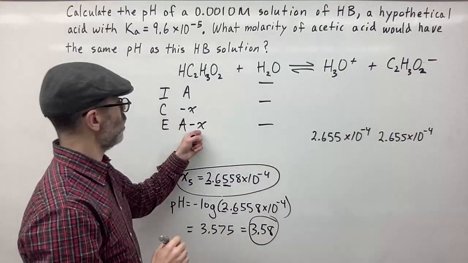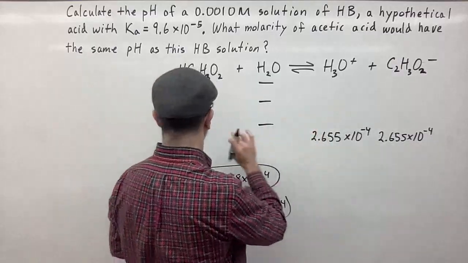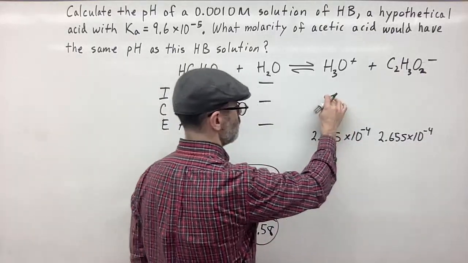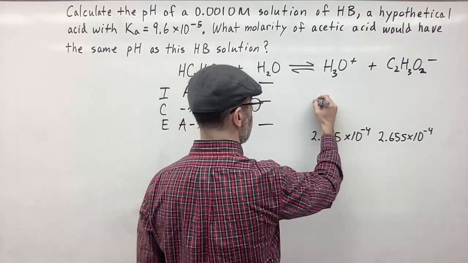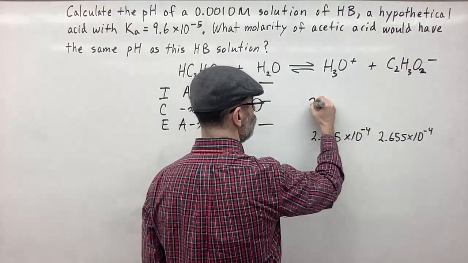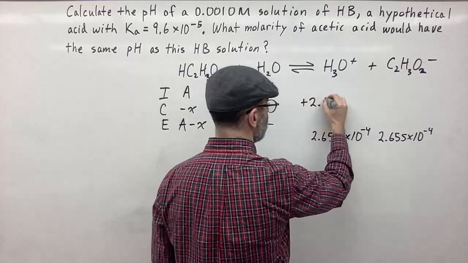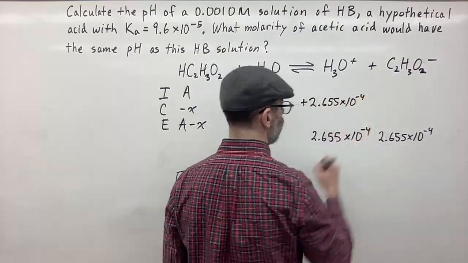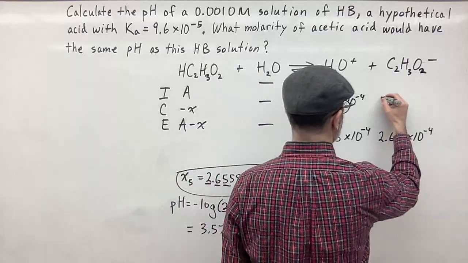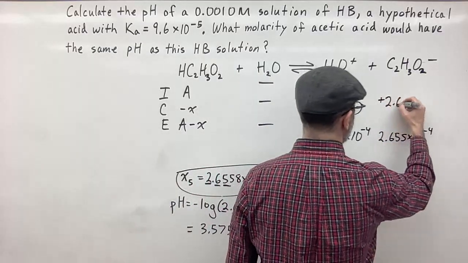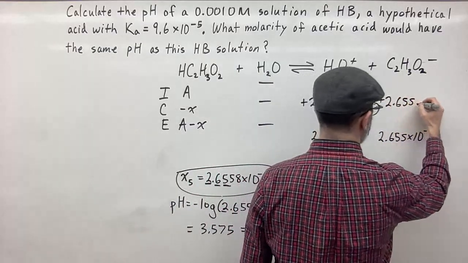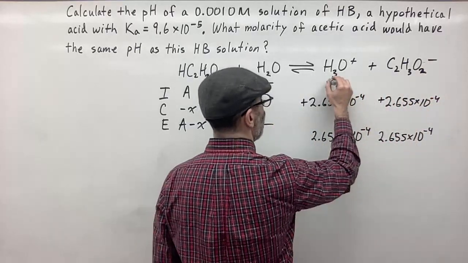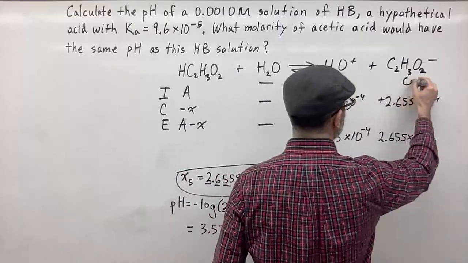Okay, and so here, if we're losing X here, then of course we're going to gain an X amount here, but that gain of amount of X is 2.655 times 10 to the negative 4. And again, we're going to gain the same amount here, so 2.655 times 10 to the negative 4. We started off initially with 0 amount, right?